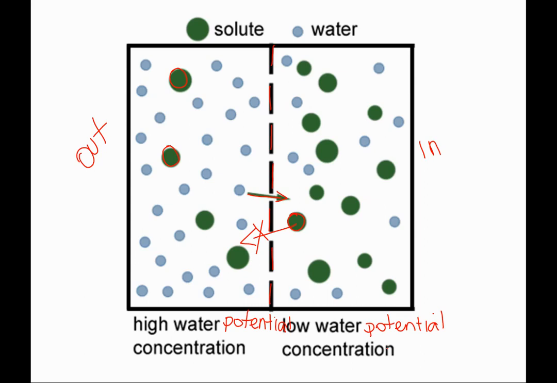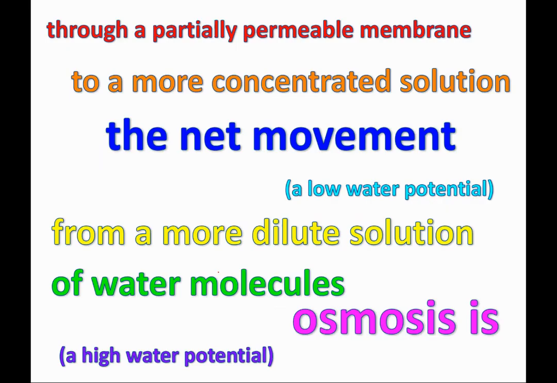Okay, so essentially osmosis is the movement of water across a membrane from an area of high water potential to an area of low water potential to balance out the dilution on each side. And that's pretty much everything you need to know about the theory of osmosis.